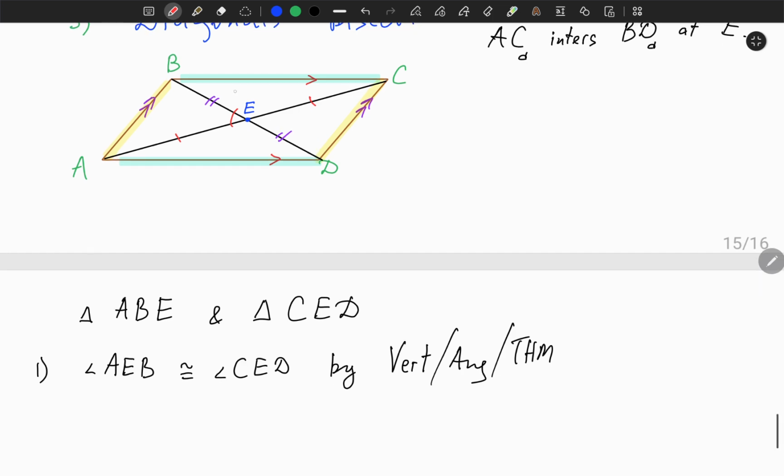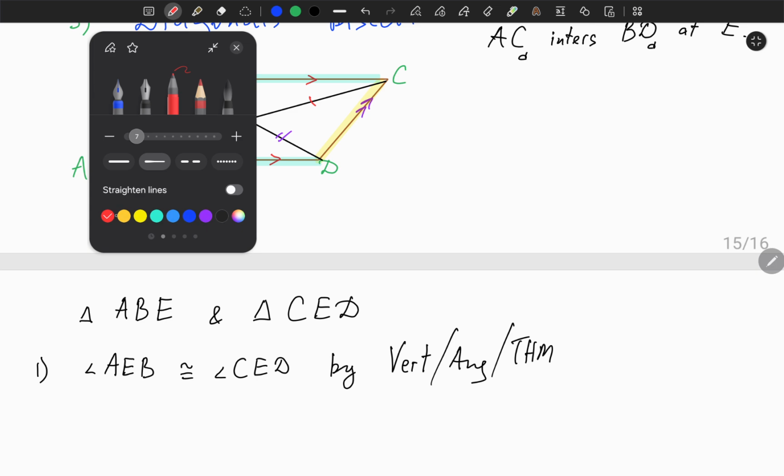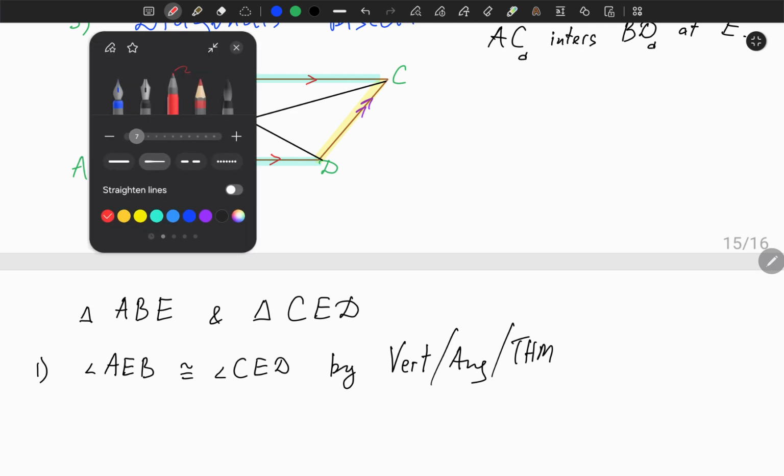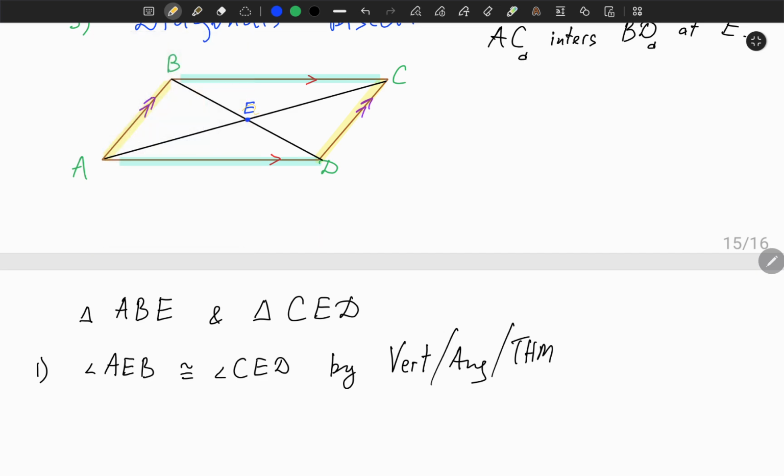Okay, one angle we have. Okay, we need to prove those sides. This angle is the same as that angle. Now, how can we work with these two angles?